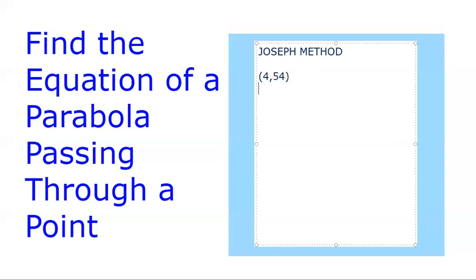Okay. And so then I'm going to say if y is equal to 54, it's also thought of as the product of 6 and 9. Okay, so 6 times 9 is 54.